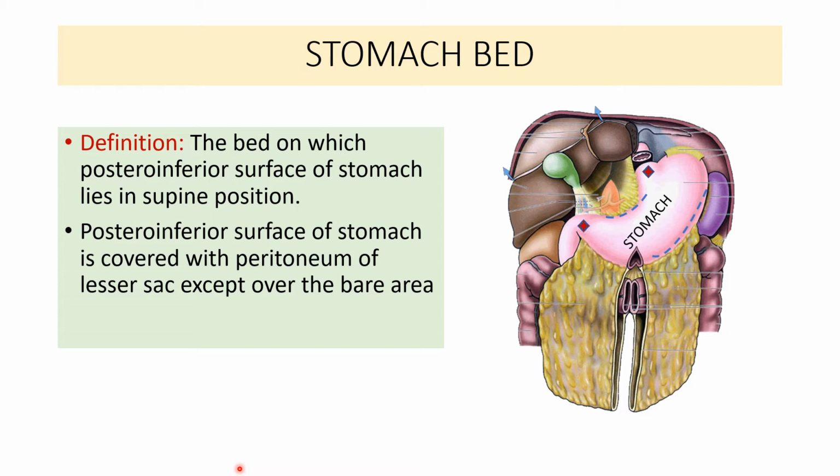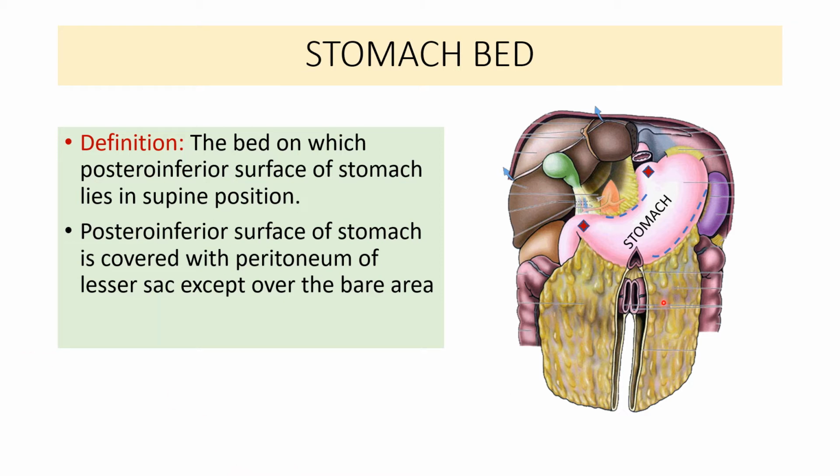The position of the body is important, and the surface that comes in contact with the structures forming the stomach bed, which we are going to discuss, is the postero-inferior surface. This postero-inferior surface of the stomach is covered with the peritoneum of the lesser sac except over the bare area.